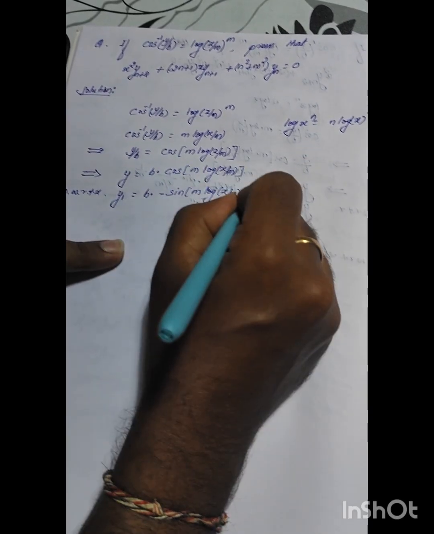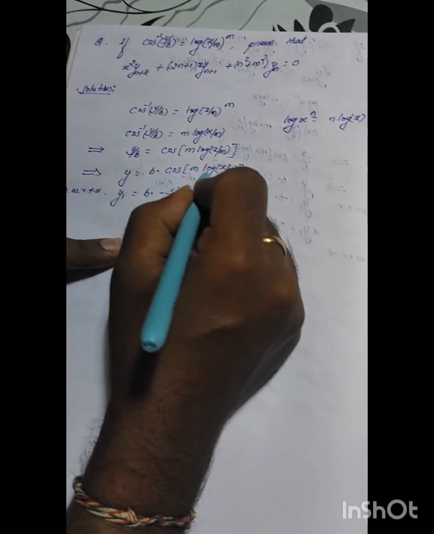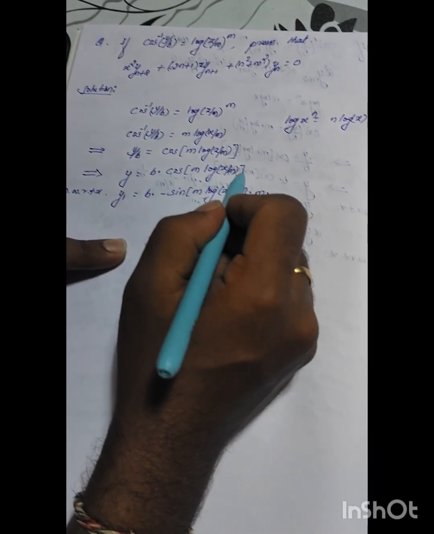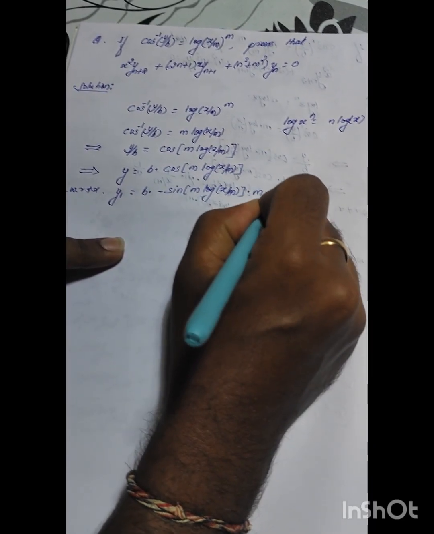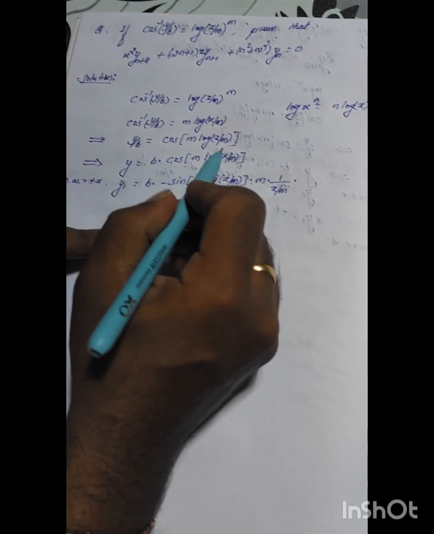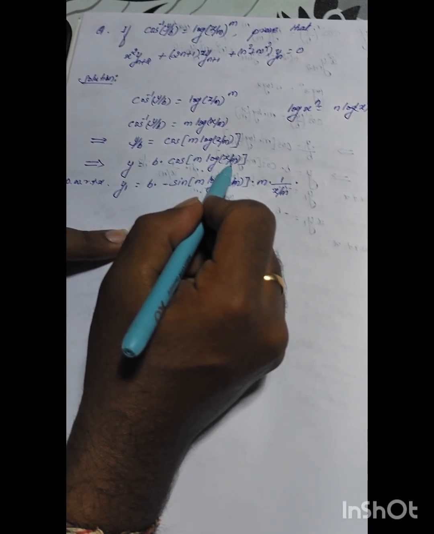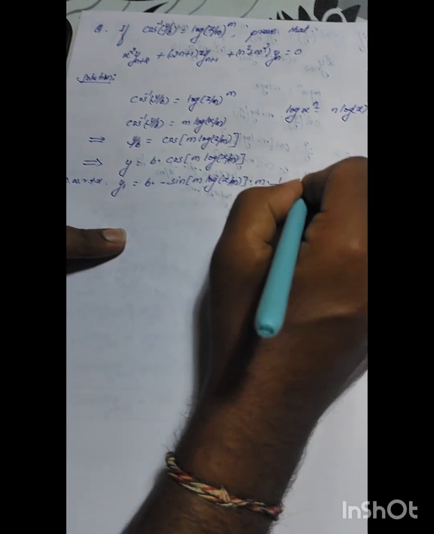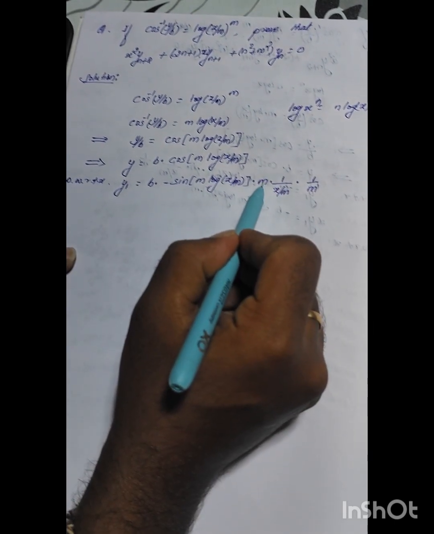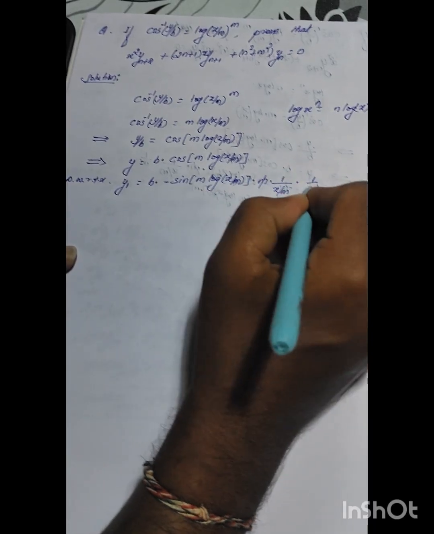This m is a constant, so m will be getting multiplied here, and the derivative of log x is 1 over x, so the derivative of log of x over m will become 1 divided by x over m. Also we have to take the derivative of this x over m. The coefficient of x is 1 over m here, so the derivative will become 1 over m.